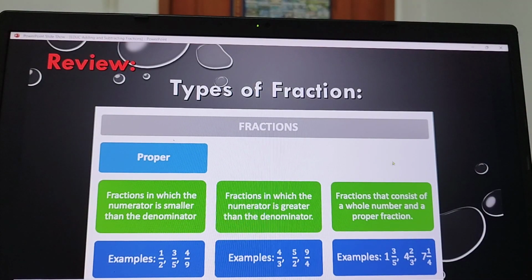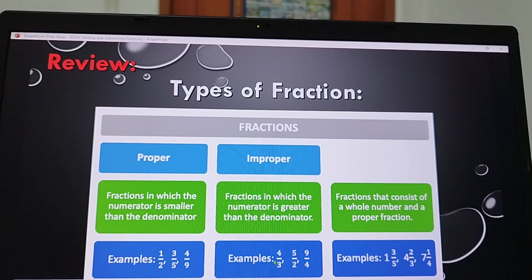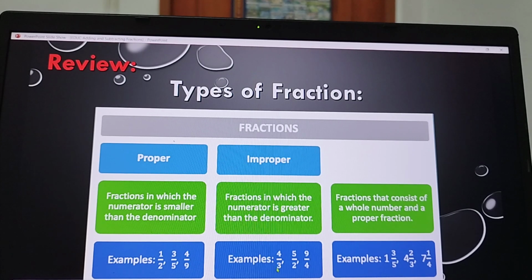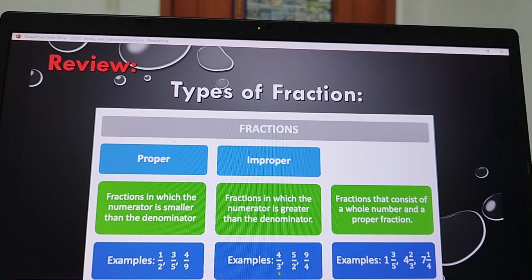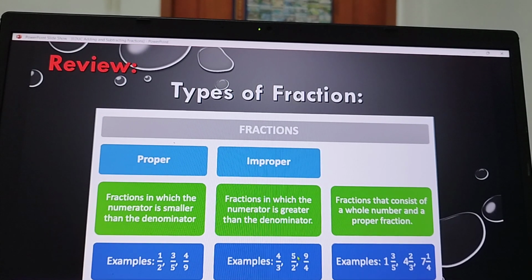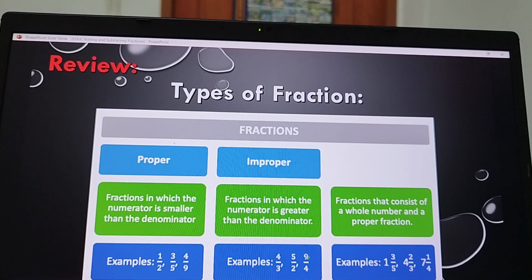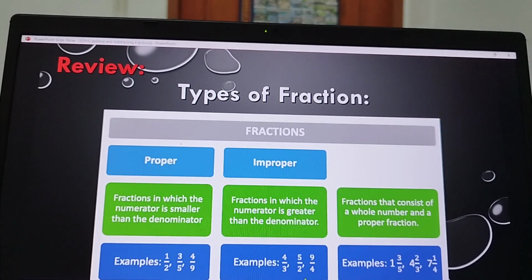So the second is called an improper fraction. Again, it's when the numerator is greater than the denominator. Example, 4/3. 4 is the numerator and it's bigger than the denominator, 3. 5/2. So 5 is bigger than 2. 9/4. So 9 is bigger than 4.